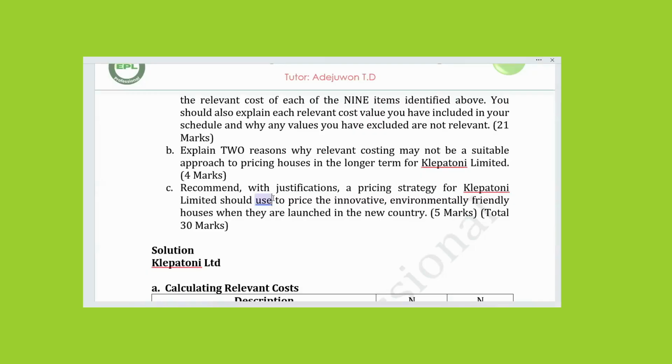As they are new in that place, they have to charge a higher price in order to take care of some customer segment. But when competitors come into the market, they will have to lower their price in order to attract other customer segments of the market. So this is what the examiner is expecting you to say.